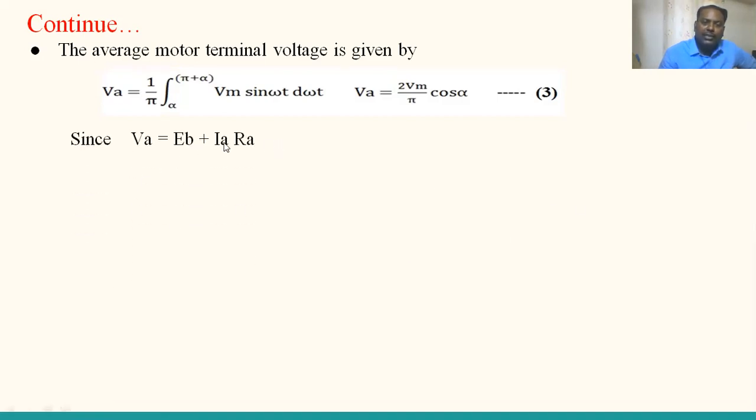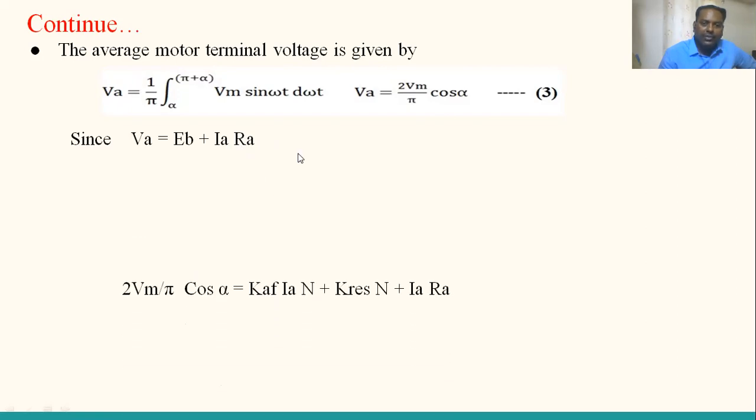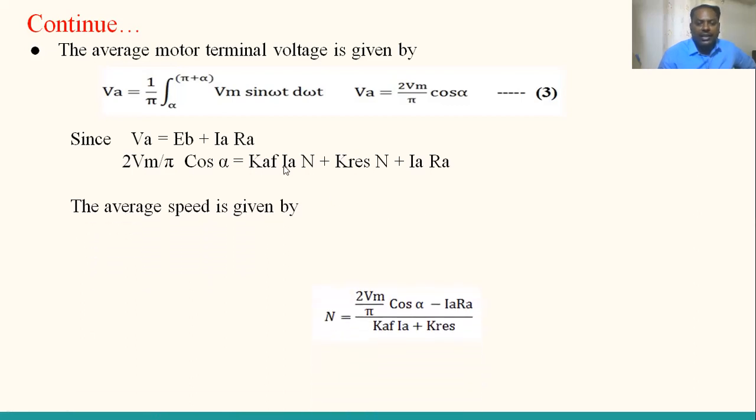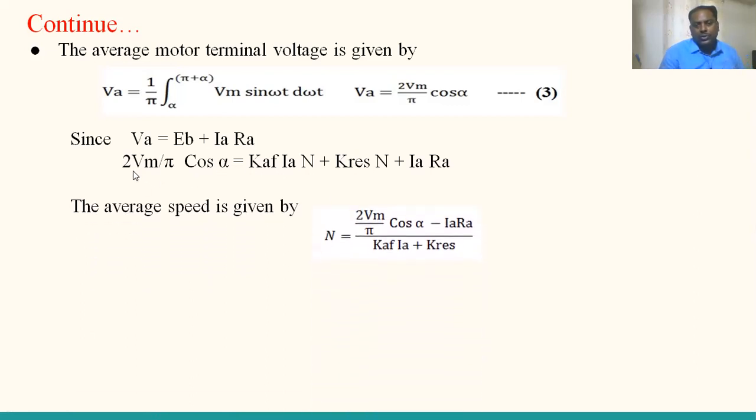VA is equal to EB plus IA RA, where RA is the total resistance, RA plus RF. Substitute the average output voltage instead of VA: 2 Vm by pi cos alpha is equal to the back EMF of the series motor, KF IA N, plus KRES into N, plus IA R. So from this, the average speed is given by N is equal to 2 Vm by pi cos alpha minus IA R divided by KF IA plus KRES.